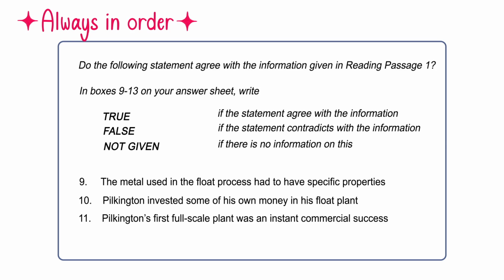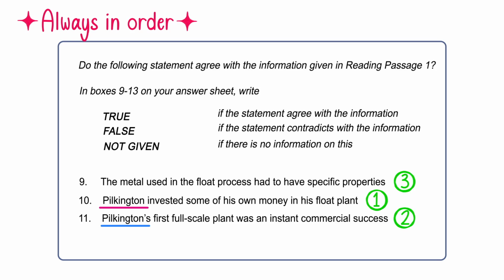Number 10, Pilkington invested some of his own money in his float plant. Pilkington, because it's a specific name, is the easiest keyword, so we should start answering number 10 first. Now let's read number 11. Pilkington's first full-scale plant was an instant commercial success. Pilkington again is repeated, so these are our two easiest keywords here. So we have to answer number 10 first, and then number 11, and then number 9.